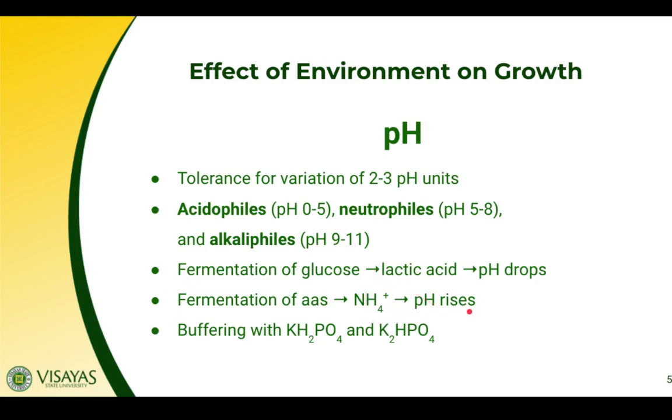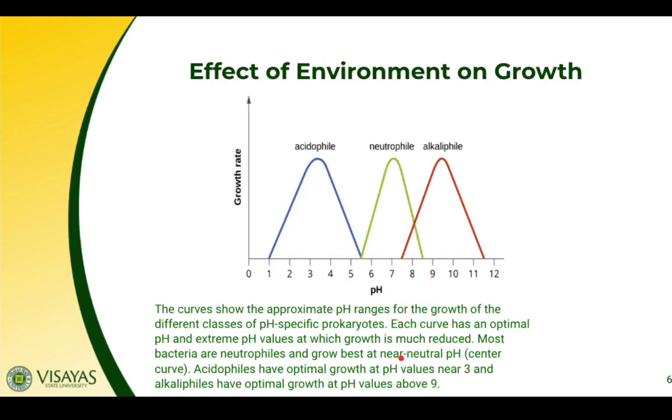However, they could avoid sudden increase or decrease in pH by buffering with KH2PO4, potassium phosphate, and K2HPO4.